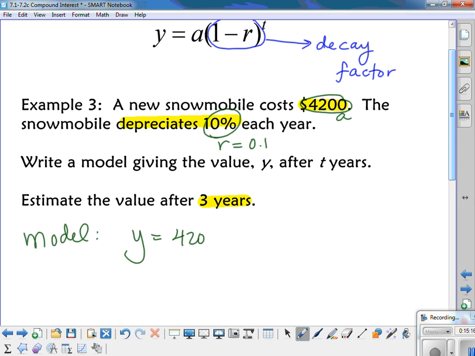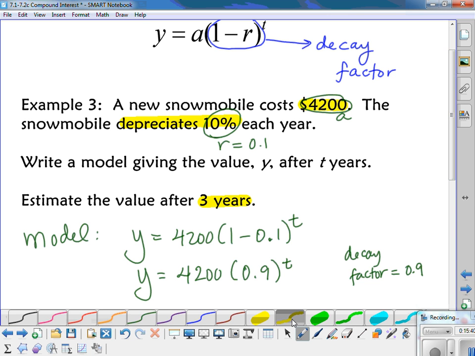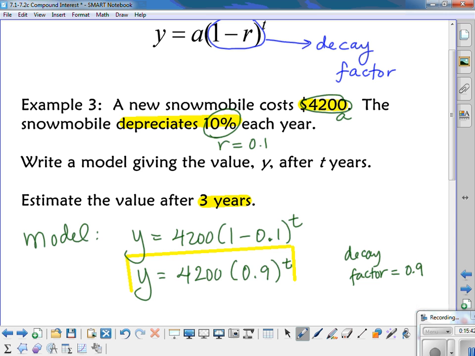So 4,200 times 1 minus 0.1 to the t power. And if I simplify what's in the parentheses, it's 4,200 times 0.9 to the t power. And so again, my decay factor is what's in the parentheses there. It's 0.9.